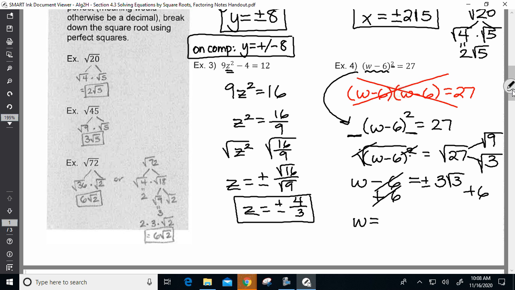So when you write this final answer, the correct way to write the answer is 6 plus or minus 3 square root of 3. However, I'm not going to penalize it if you wrote it that way.